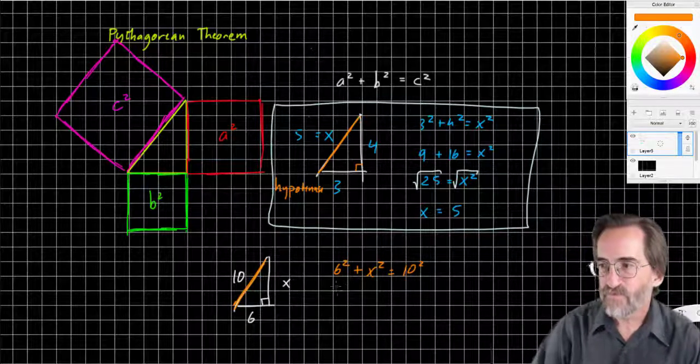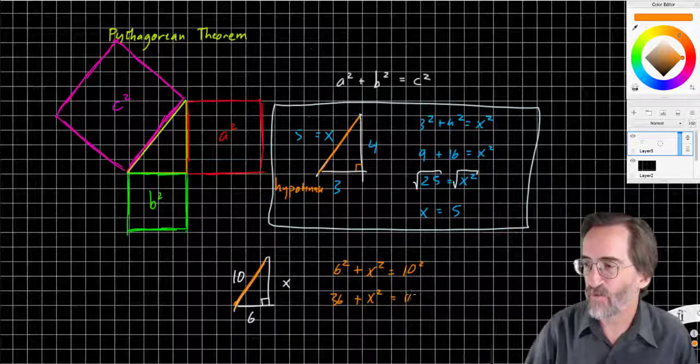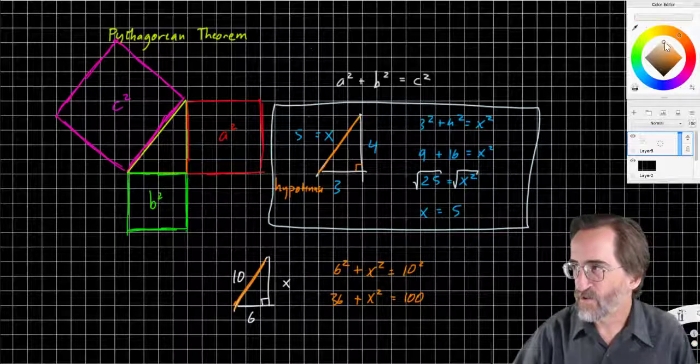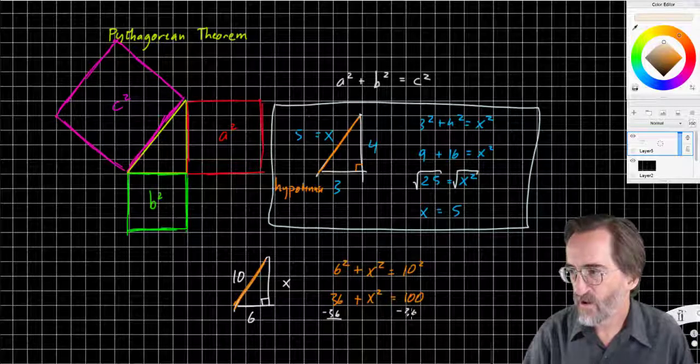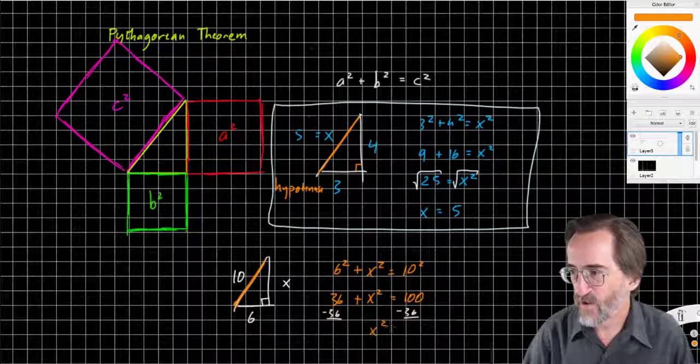Okay, so let's work it out. 6 squared is 6 times 6, or 36. X squared is just x squared. 10 squared is 10 times 10, or 100. Subtract 36 from both sides. We end up with x squared equals 64.